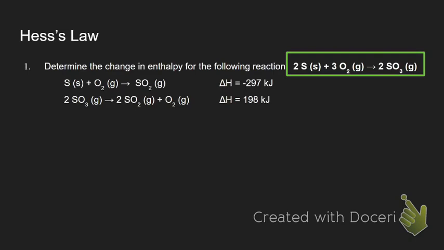So the products will become the reactants and the reactants will become the products. When you do this, the sign of the enthalpy has to change. So if it was positive, it would now be negative, and if it was negative, it'd be positive.